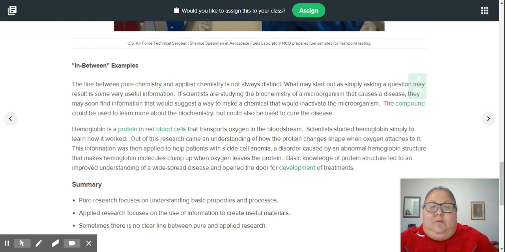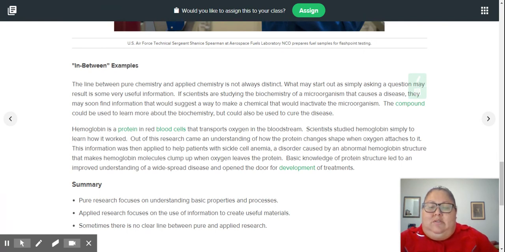For example, you may be studying the biochemistry of microorganisms that cause disease, and they may soon find information that suggests a way for a chemical to inactivate that microorganism. And the compound that is used could also be used to cure other diseases.